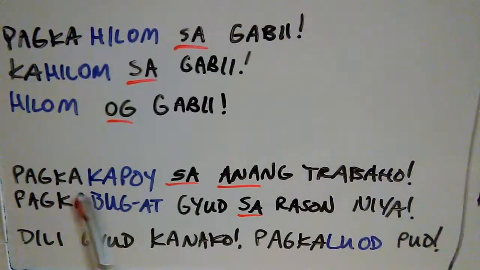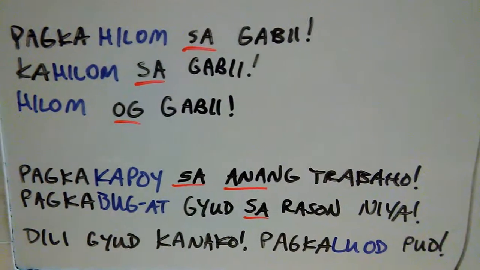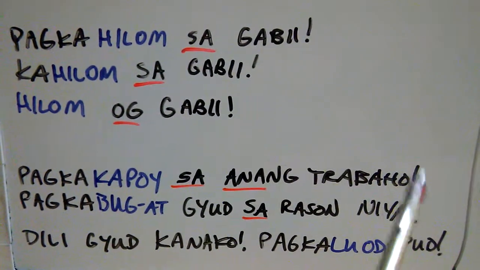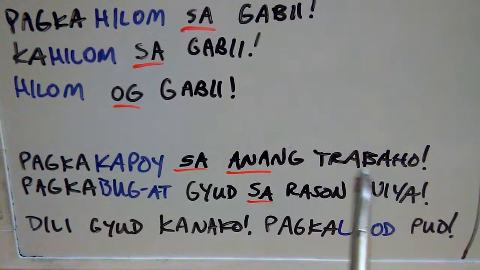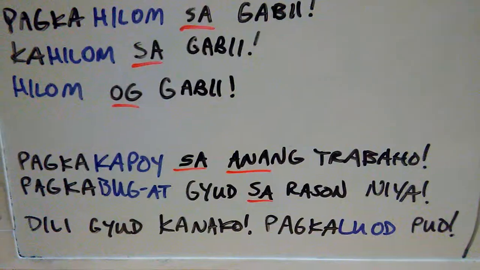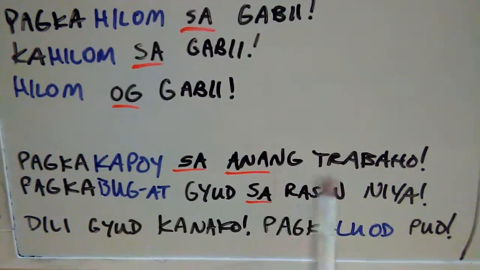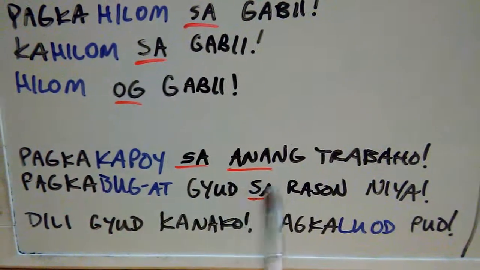Kapoy, to be tired. What a tiring work, you know? How tiring that work is. And this person is making it an exclamation, something that's excited, right? Again, sa anang trabaho. Remember, ana, short for inana, right?